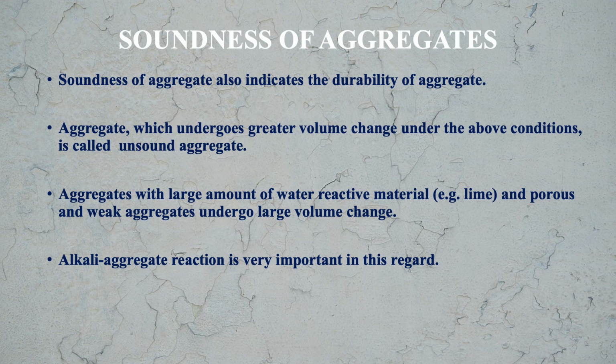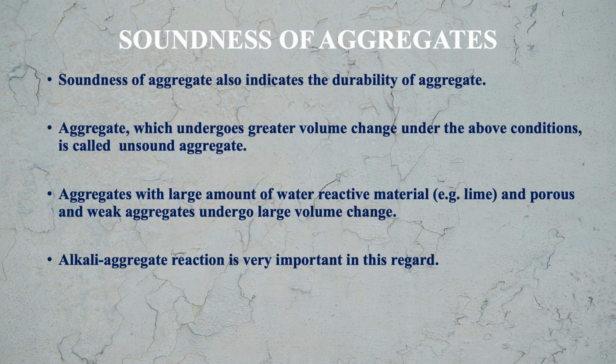Aggregate which undergoes greater volume change under the above conditions is called unsound aggregate. Aggregates with large amounts of water, reactive materials like lime, and porous and weak aggregates undergo large volume changes.